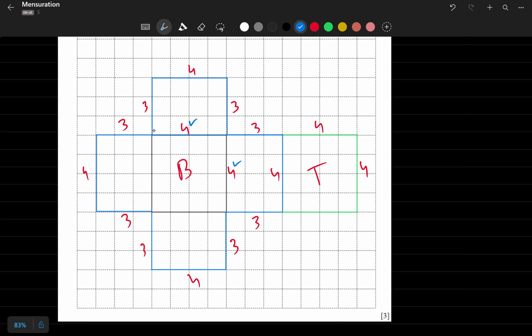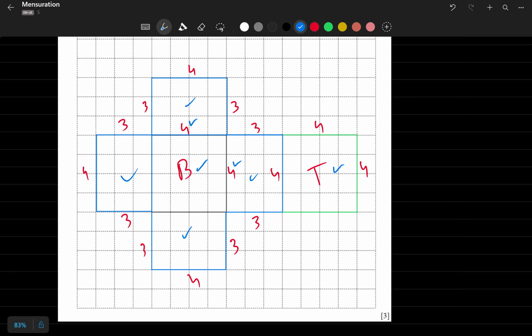Cover each side with 3 centimeters, on the top, bottom, left and right. Now you notice that this part will always be equal to 4. You have drawn the top, bottom, left and right parts of the cuboid.